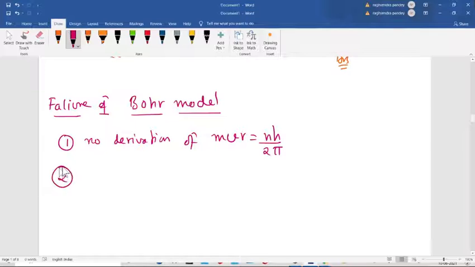Second is the concept of stationary orbit. What is stationary orbit?